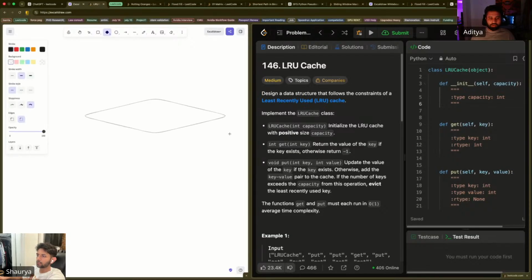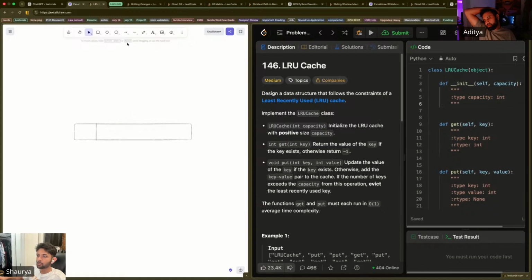For example, if this is our data structure, right, and our cache value is 5, or let's say 7, 5, 6, 1, 2, 3, 4, 5. Okay, let's say 6. So this is going to be our data structure with a cache value of 6.